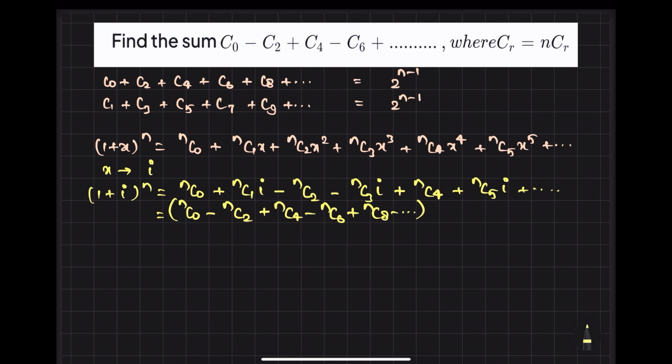So this is your real component which has no i. Now look at this plus iota. Now I will write the imaginary component. So this is nC1 minus nC3 plus nC5, nC6 dot dot dot.